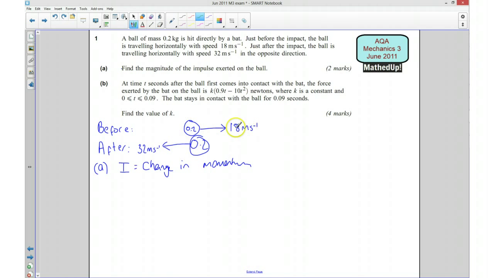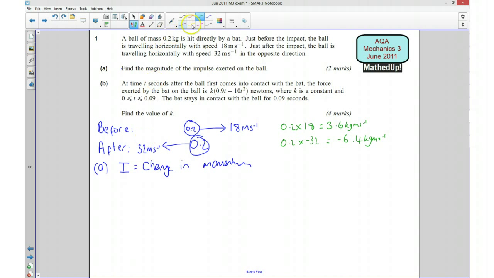Our momentum before is going to be 0.2 times 18, which is 3.6 kilogram meters per second. And our momentum afterwards, well, it's going in the negative direction now, so we've got 0.2 as our mass times negative 32, which gives us negative 6.4 kilogram meters per second.